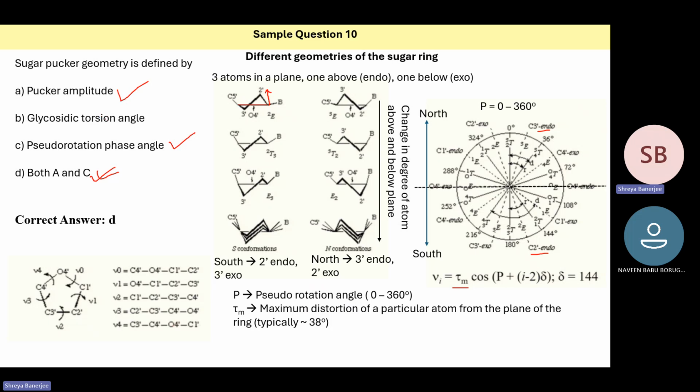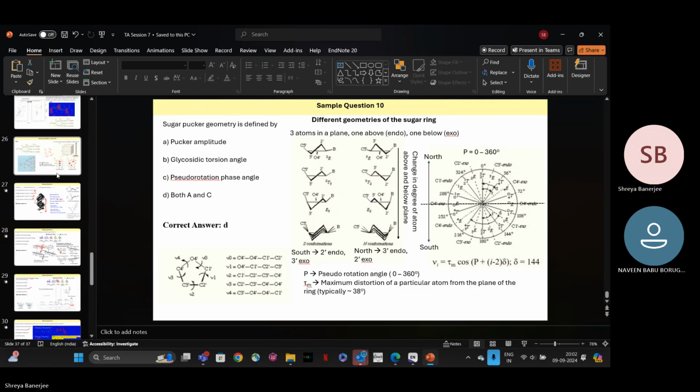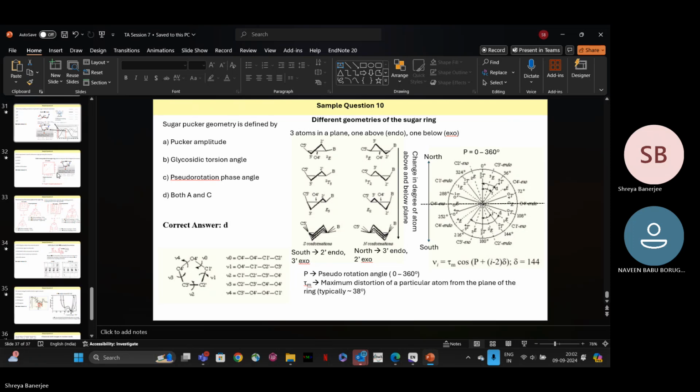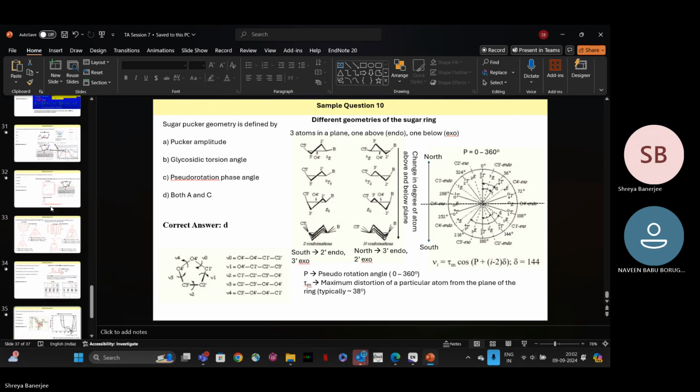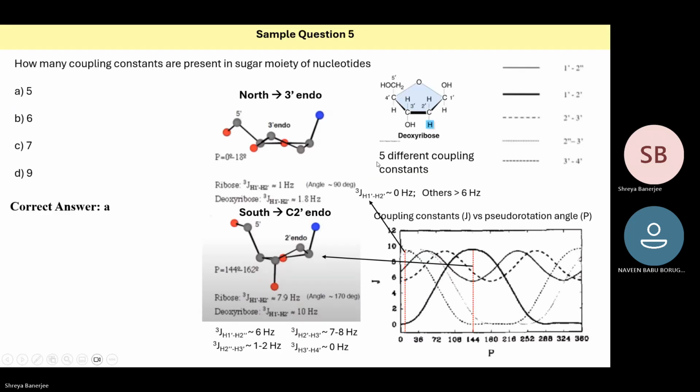So why not the glycosidic torsion angle? So the glycosidic torsion angle, basically, I've shown this before here. Glycosidic torsion angle basically refers to the angle by which this, so this is connected to the base, and glycosidic torsion angle refers to the angle along this bond.